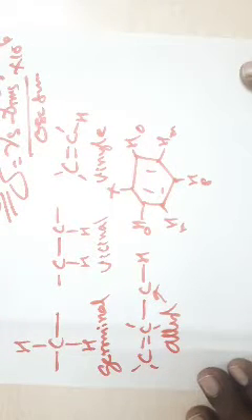The coupling constant value J is very important in PMR spectroscopy. From the coupling constant value, you can easily identify the protons that are involved in the coupling, and from that you can easily identify the position of the protons in the organic molecule, and from that you are able to get some useful information about the structure of the molecule.